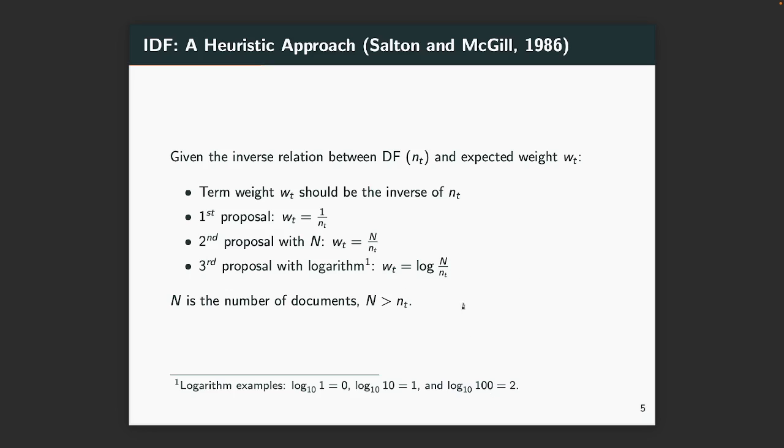So this third proposal, WT, equals log of capital N divided by NT, where capital N is the total number of documents and NT is the number of documents containing the term T. So this captures the inverse relation between document frequency, or how common a term is, and the expected weight for a term.